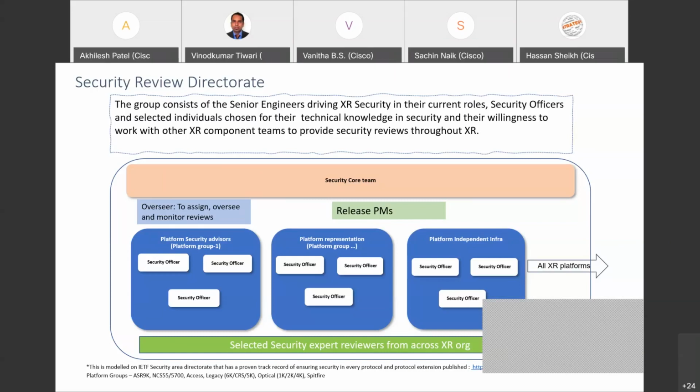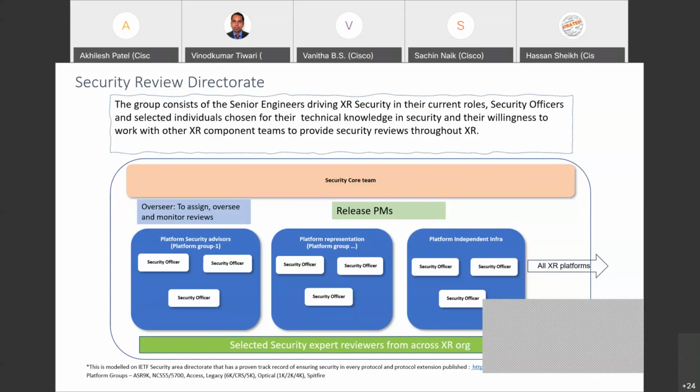It consists of a core team, it has an overseer, and the executors who are our security advisors and officers. And this is expected per platform. So we will have a platform-specific security officer, then platform independent infra, where we have Samir, Shweta, Suresh from PI, NA, Jabir, all of these folks also looking at the complete platform independent infra.